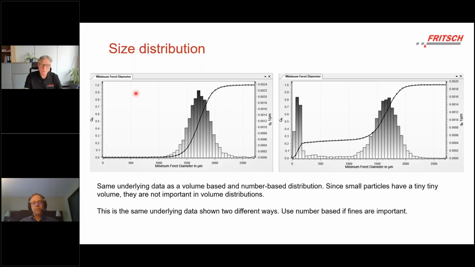So I can show the two plots in two different ways. On the left, I show a volume-based distribution. You can see the Q3 if you squint, and you see a single peak. But if I plot the number-based distributions, which is more similar to the point cloud, I can see two distinct peaks.